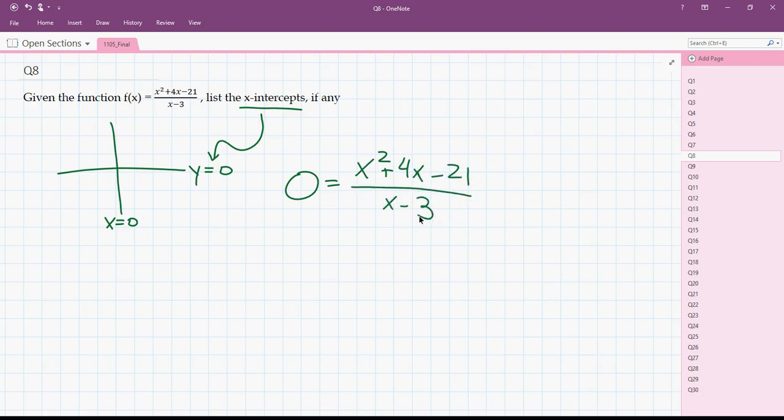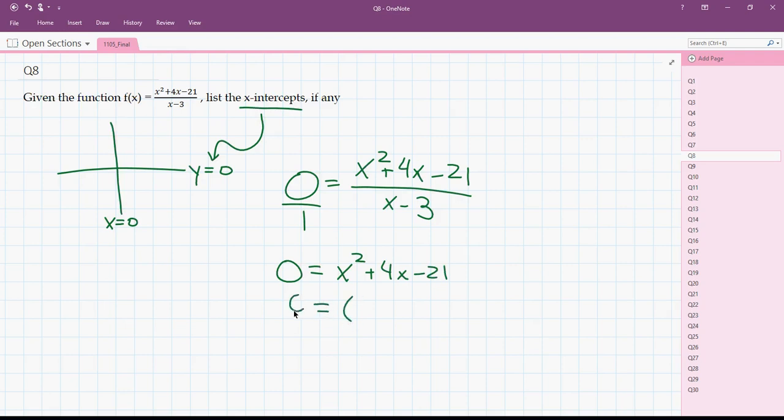x minus 3. So then if we cross multiply, we get 0, because 0 times x minus 3 is still 0, is equal to x squared plus 4x minus 21. Then if we do our AC factoring, we need to find two numbers that multiply to negative 21 and add up to positive 4.